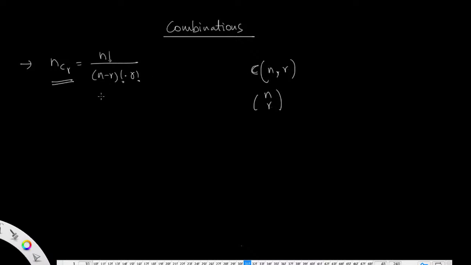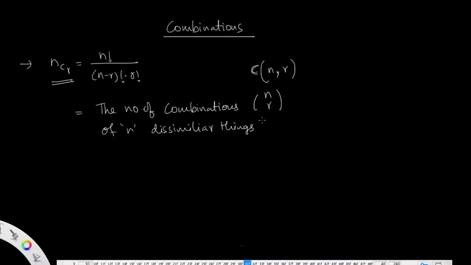So the formula is: the number of combinations of n dissimilar things, that is, different things, taken r at a time, is denoted by nCr.